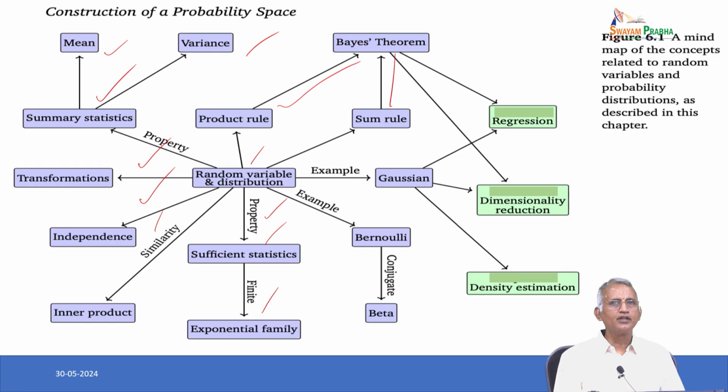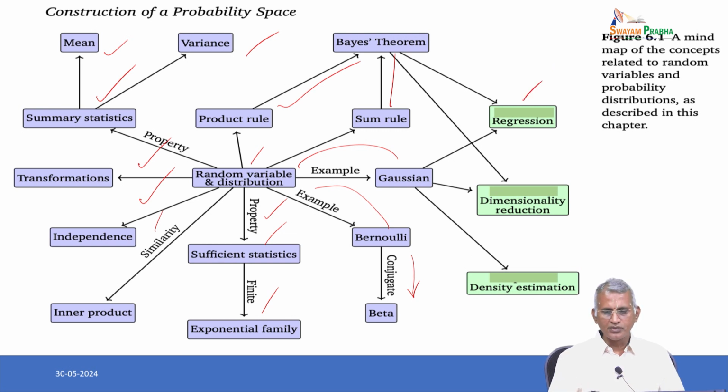Once you know this, we can incorporate it with the Gaussian distribution, and along with that we have to explain examples related to the Bernoulli random variable and distribution, and based on that, conjugate and beta distribution. Once you know all these ideas, starting from Bayes theorem, you have to do the regression.